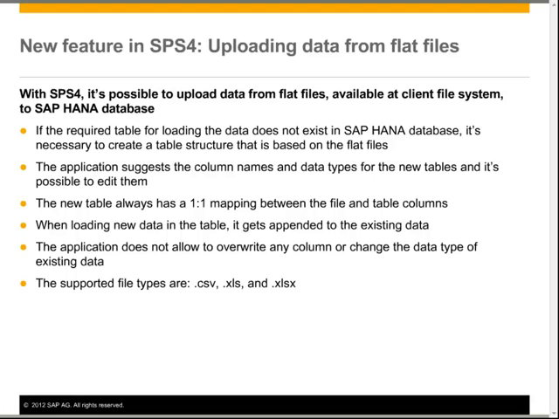When loading new data into the table, it will get appended to the existing data. Now the application doesn't allow overwriting of columns or changing the data of existing data. And what we support: CSV, comma separated values, XLS, and XLSX, the newer type of Excel from Microsoft.